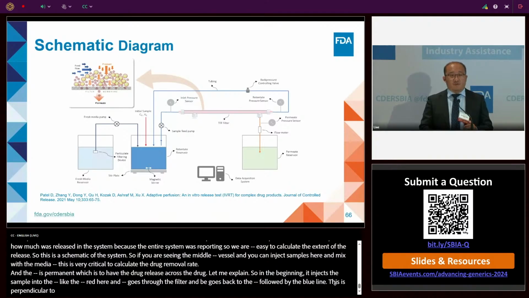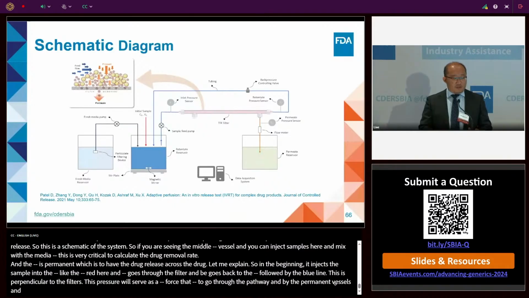This pressure serves as a driving force that forces free drug smaller than the pore size of the TFF filter to go through the permeate pathway and be collected by the permeate vessel. Because of the continuous pumping of fresh medium, the liquid volume in the retentate reservoir stays constant. That is really critical for us to calculate the drug release rate.